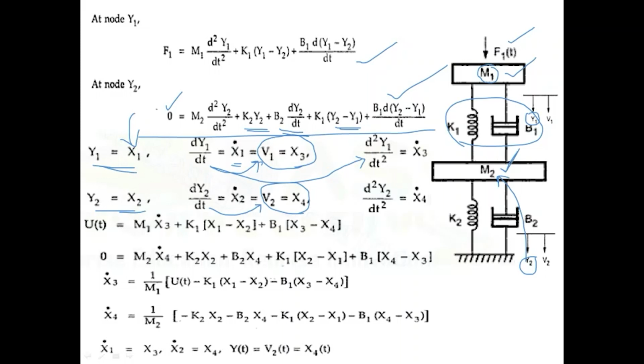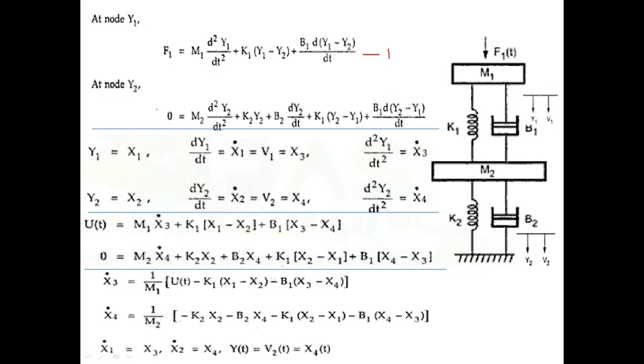Similarly, if I want x4 dot, I need to double differentiate the displacement y2, or you can just differentiate the velocity v2. Both are same. So now I found out x1 dot, x2 dot, x3 dot and x4 dot.